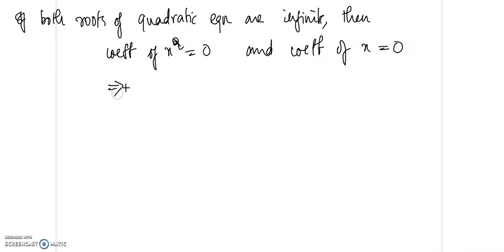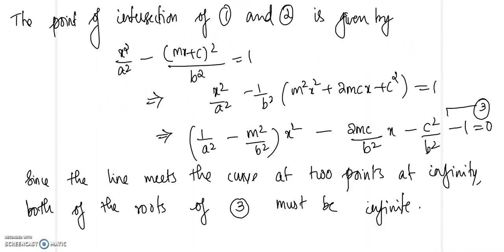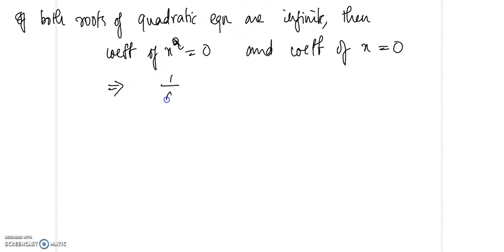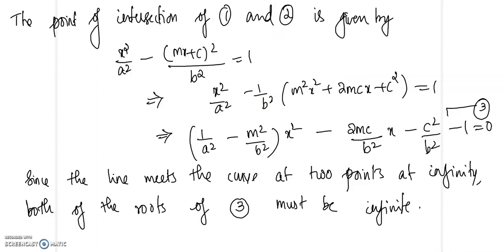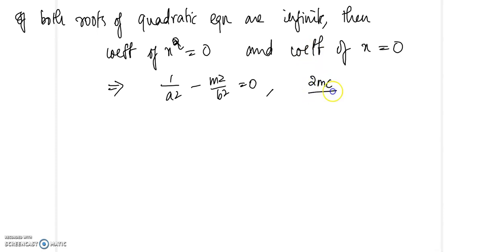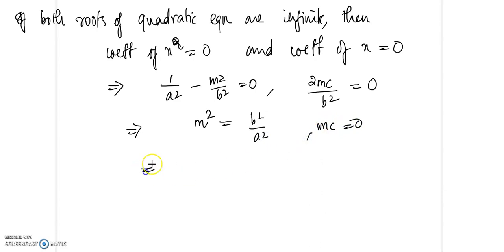So here the coefficient of x square is 1 by a square minus m square by b square, equal to 0, and the coefficient of x is 2mc by b square, so that must be equal to 0. So this gives us m square equal to b square by a square, and we have mc equal to 0.